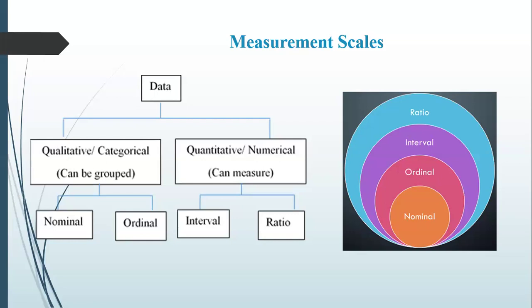The difference between the total marks of first position and second position is not equal to the difference between second position and third position. That is called ordinal. It is only for categorization purposes.